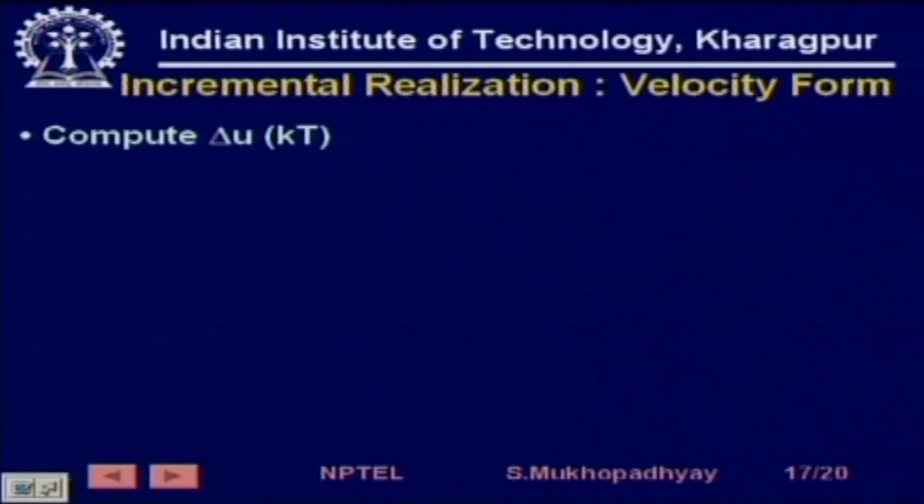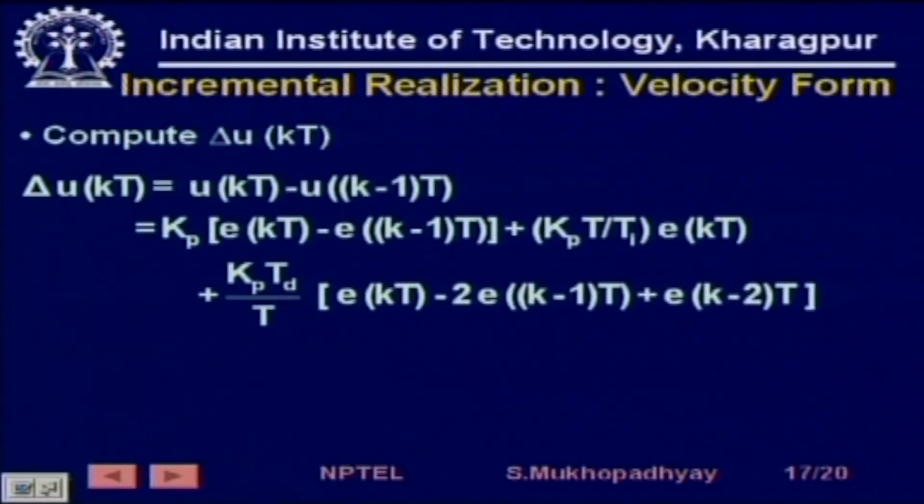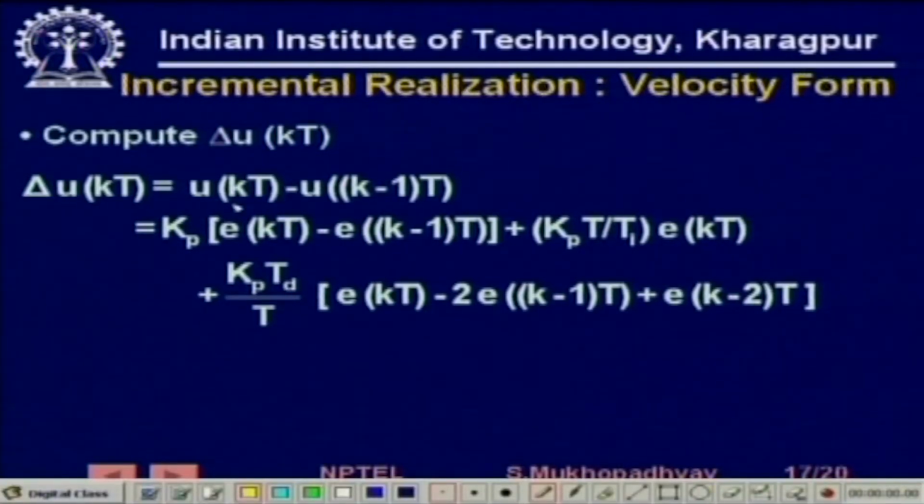We need to compute delta u(kT). Delta u(kT) is very simply computed. It is nothing but u(kT) minus u((k minus 1)T).